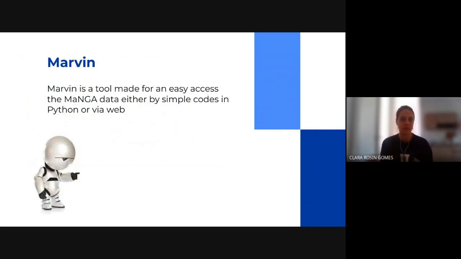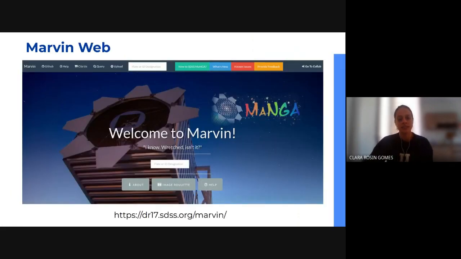Marvin is a tool made for an easy access to the MaNGA data, either by simple codes in Python or via web. So this is the interface of the Marvin web, and you can access this website by this link here.